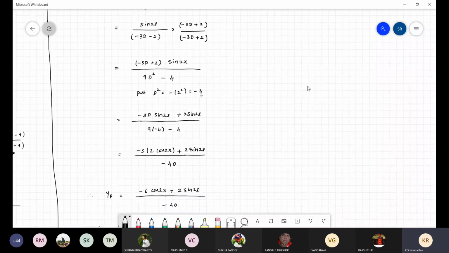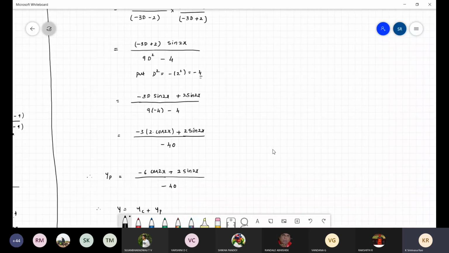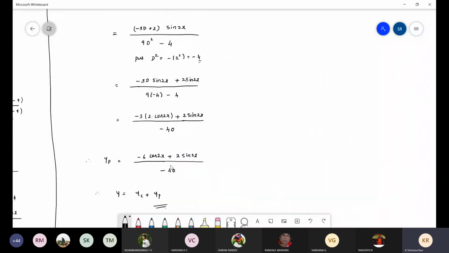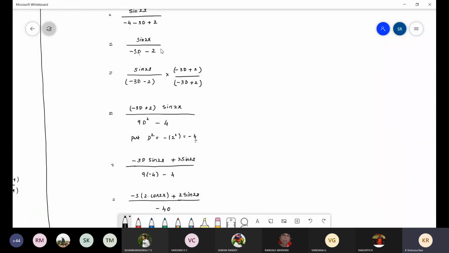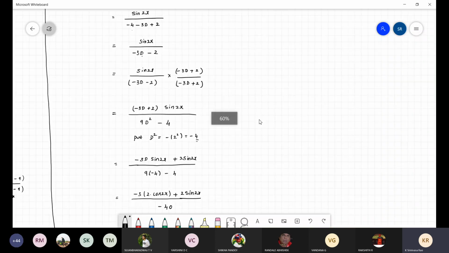Just this final answer we will see once. Either you can cancel or keep it as it is, no problem. And randomly we will observe in the middle what you are going to substitute. Is it substitution for D square or for D? If by mistake you write D, we will deduct 2 to 3 marks out of 6. So that's why I'm telling you to be very careful.